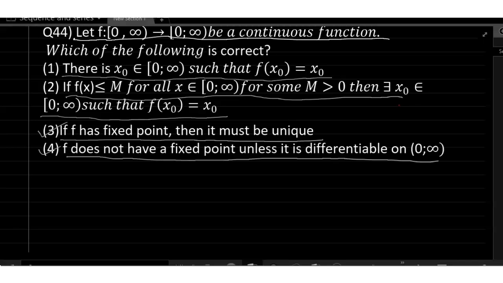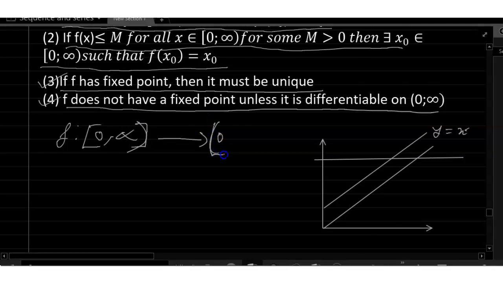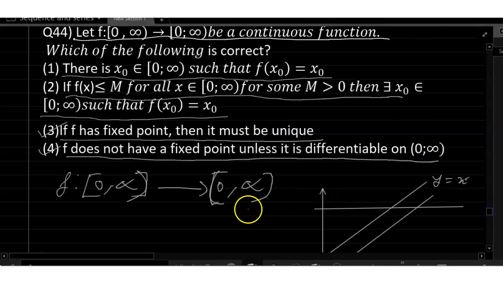So let's draw a graph. This is y equals x, y equals x, from 0 to infinity to 0 to infinity. So there exists x0 in 0 to infinity such that f(x0) is equal to x0.